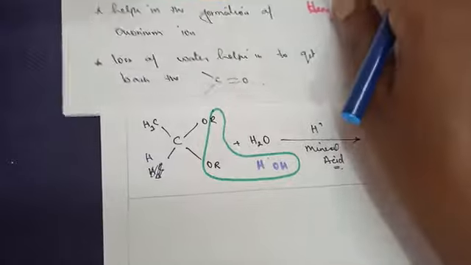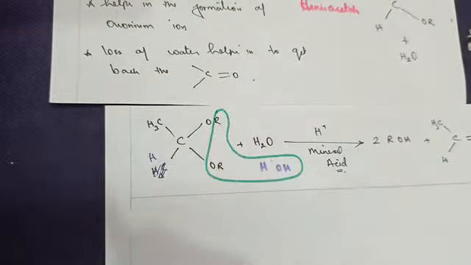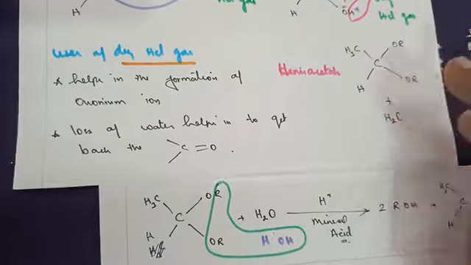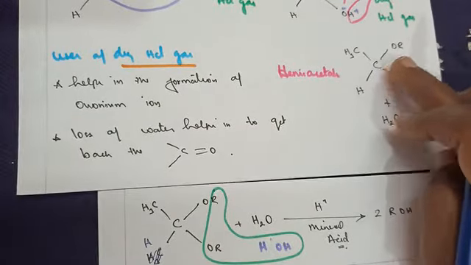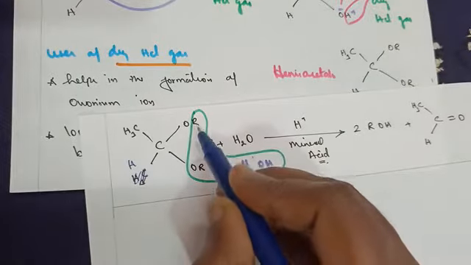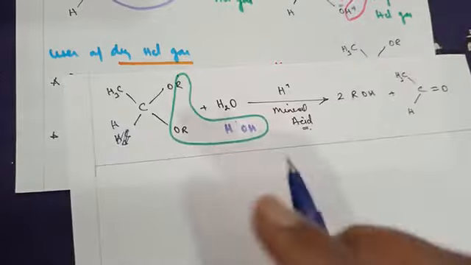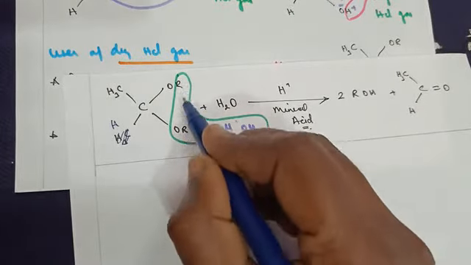Now what is the explanation we have written? Loss of water helps to get back the aldehyde group. So this is the byproduct we've got here, hemiacetal. Further, when you treat with water, just follow here. It loses a water molecule. Further, they combine together. Already you've got an R and R here. R2R goes out.